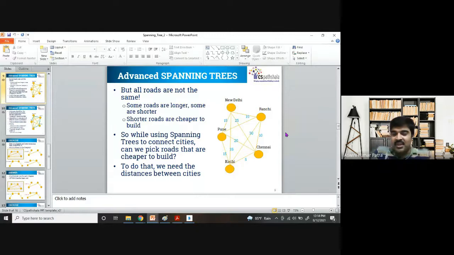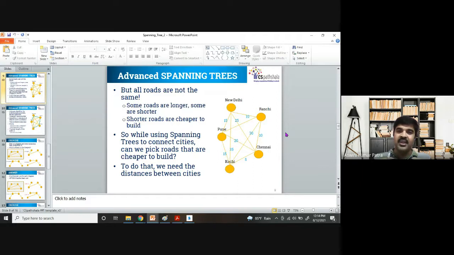Of course, we can connect all the cities with 4 roads instead of 10. But the idea is whether all those 4 roads are efficient ones, because altogether I have to find the minimum amount of cost.